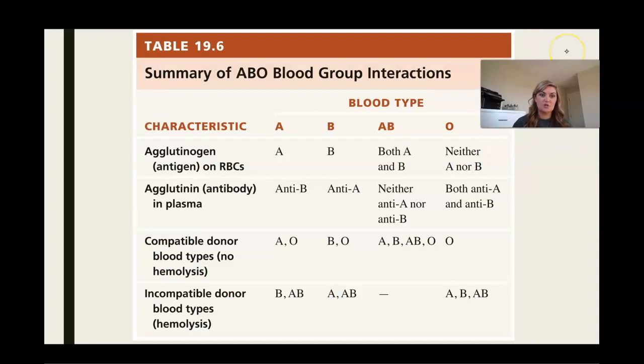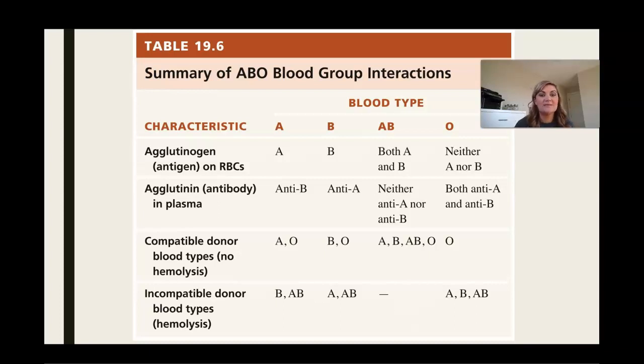So looking here at this chart, we see how the different blood types, which ones they agglutinate or which ones they have antigens for, and what their donors could be and what their receivers can be. So with type A blood, we have the agglutinogen or antigens for this type.